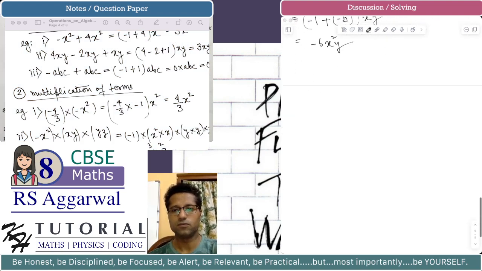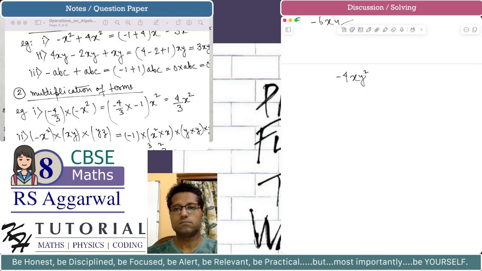So let's say we have to multiply the terms. The first term is minus 4xy square. The second term is, let's say, half yx, and the third term is, let's say, 5x cube by y.